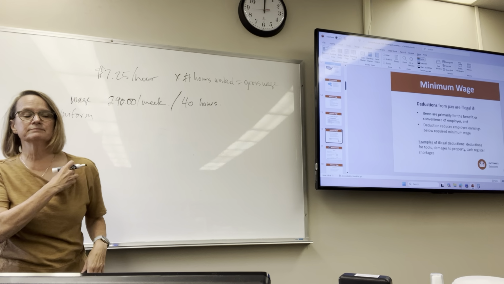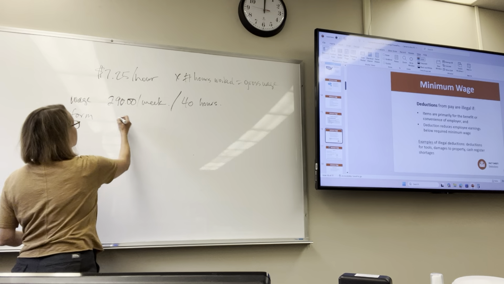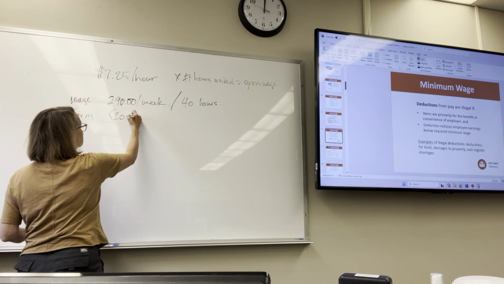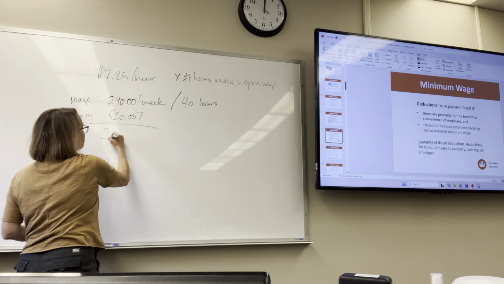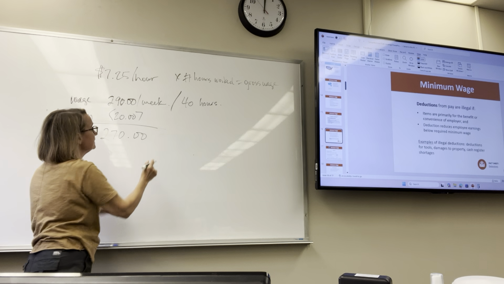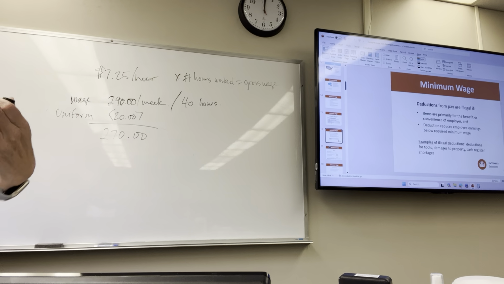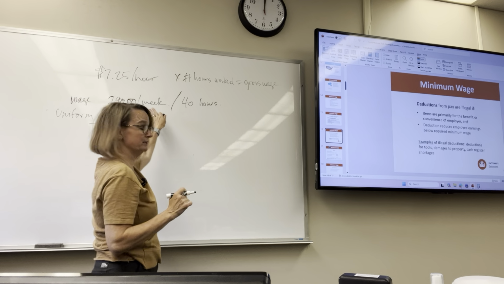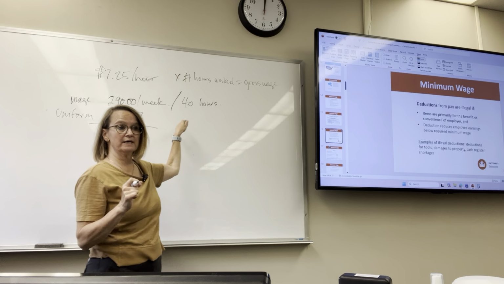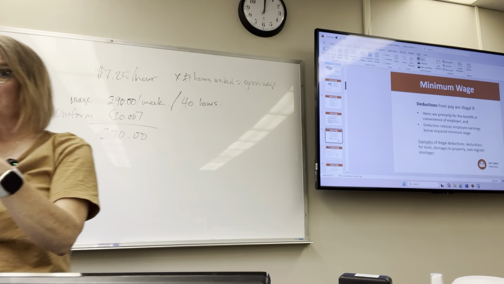It's got maybe a logo on it or something like that, and they're charging you $20 for it. That brings you to $270 for the week. If you worked 40 hours, that does not meet the minimum wage requirements. So they cannot make that deduction. That would be an illegal deduction because it brought you below the minimum wage.